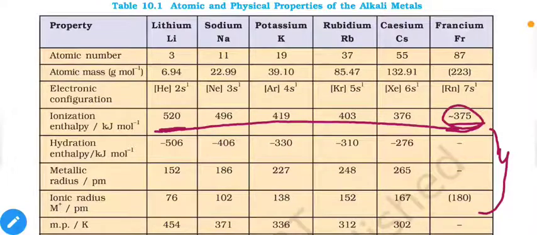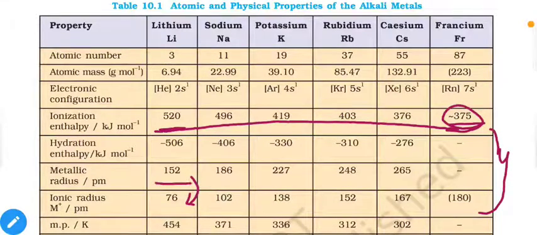Then we have hydration enthalpy. Again, we already discussed the hydration enthalpy. Then we have metallic radius, that means radius in their atomic state. You will notice atomic state radii or metallic radii are larger than their ionic radii, because when these metals produce ions, they are losing electrons, and by losing electrons, orbitals will shrink, and that's why the radii also shrink.